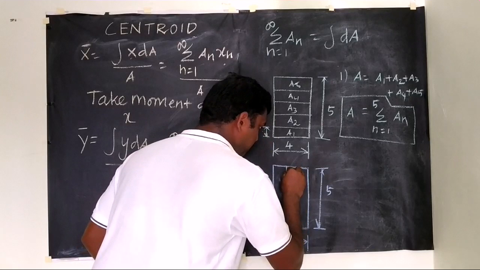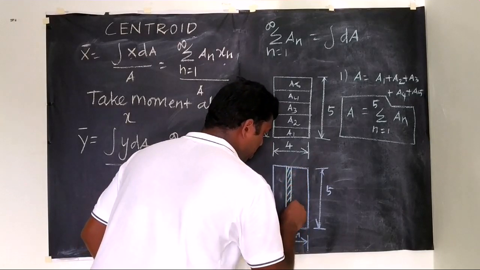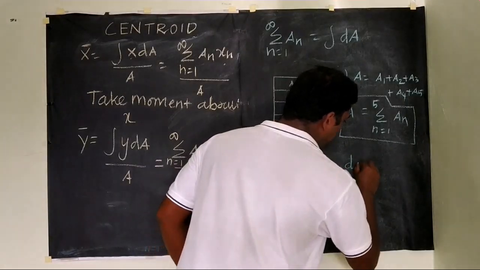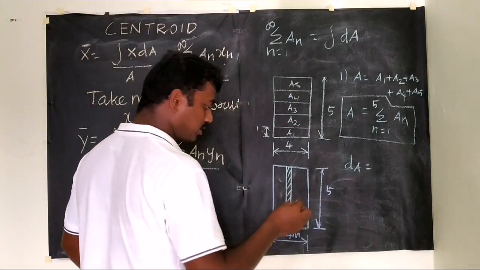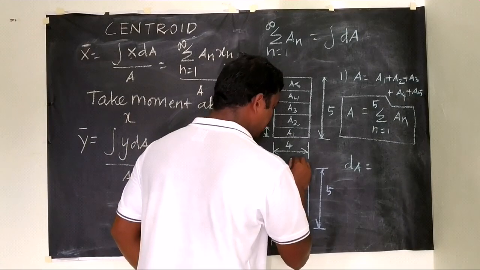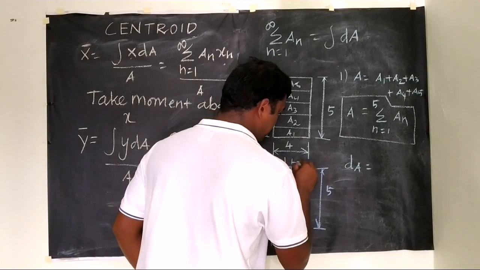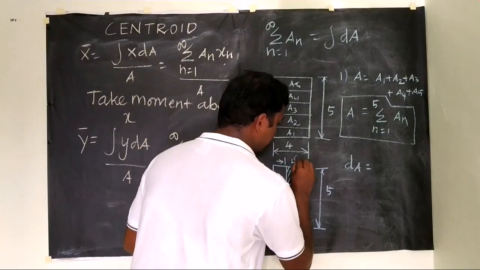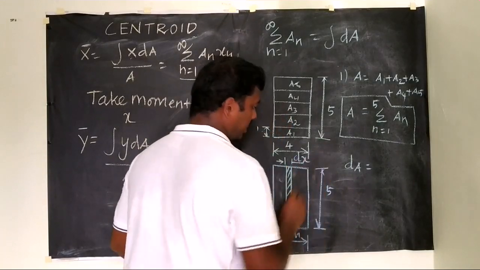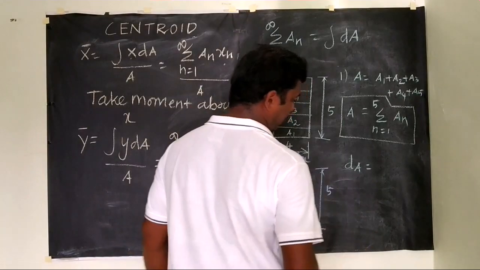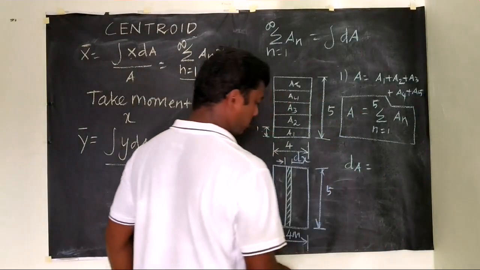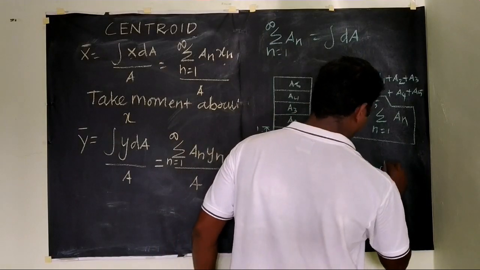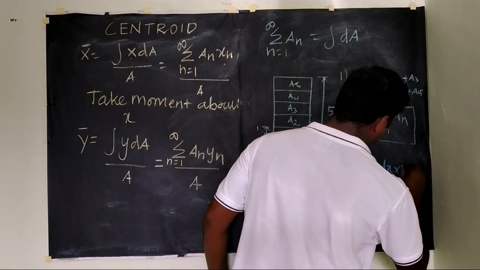This is my strip. What is the area of this strip? The area of this strip dA is nothing but length into breadth. Here the width of the strip is assumed as dx. Then dx into height 5 meter. The small area of this strip is nothing but dx into height 5 meter.